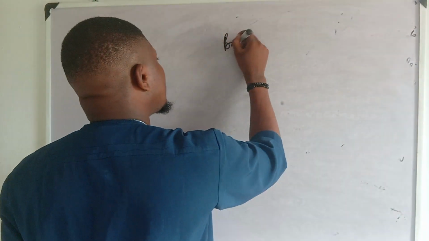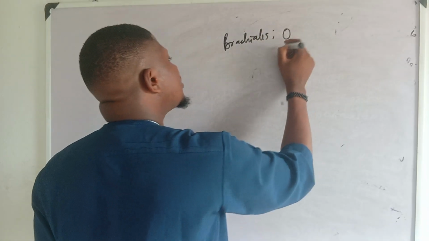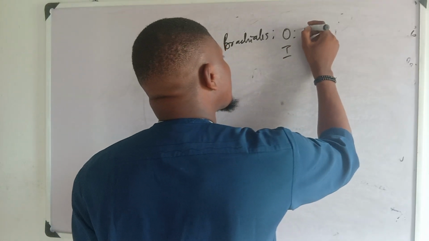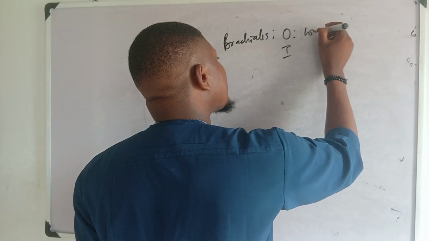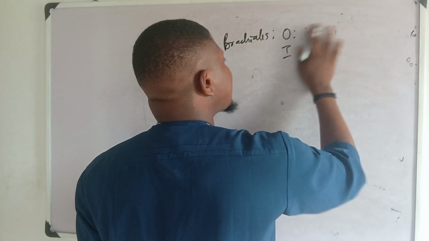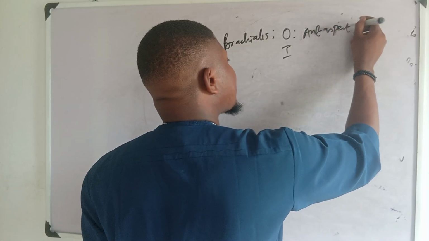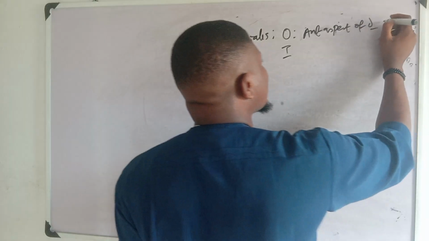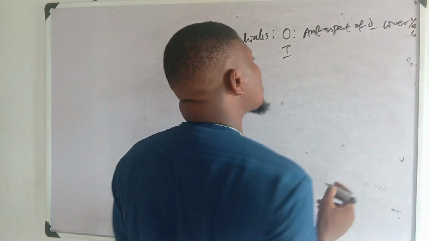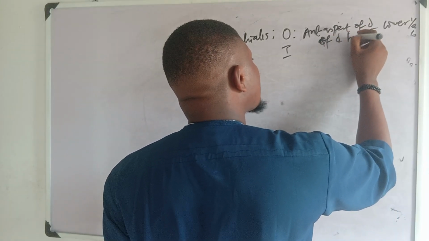Brachialis. So, brachialis origin and insertion. This muscle has three origins. One is the anterior aspect of the lower half of the arm, of the humerus.